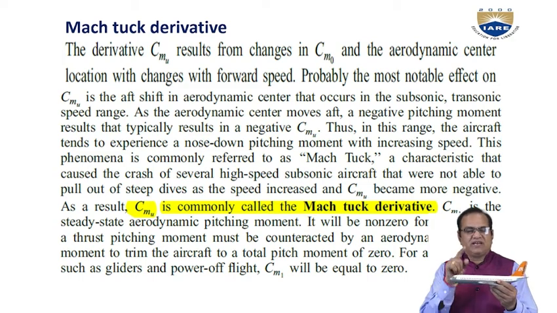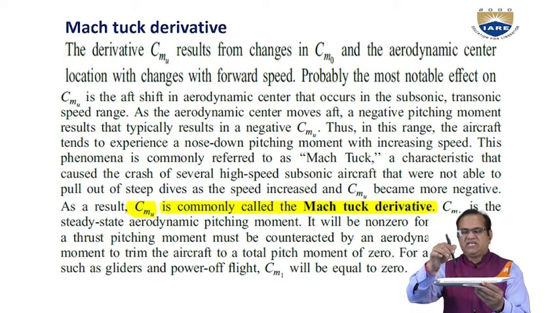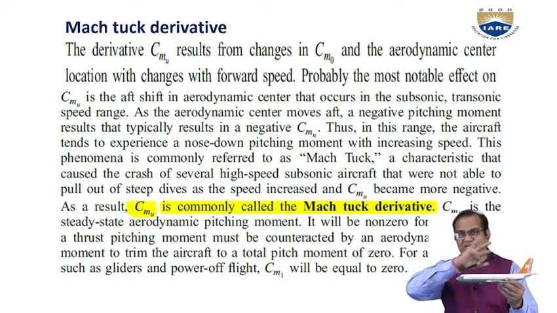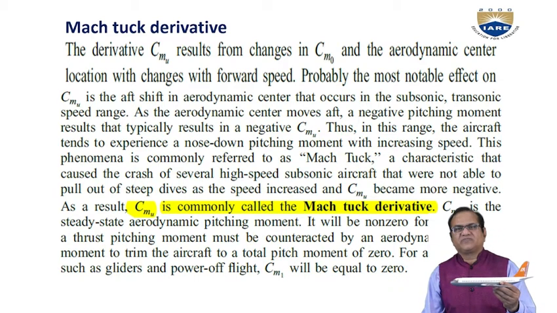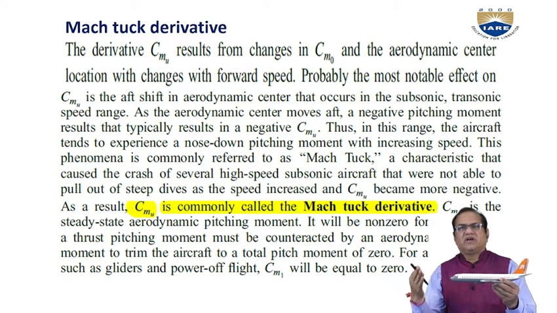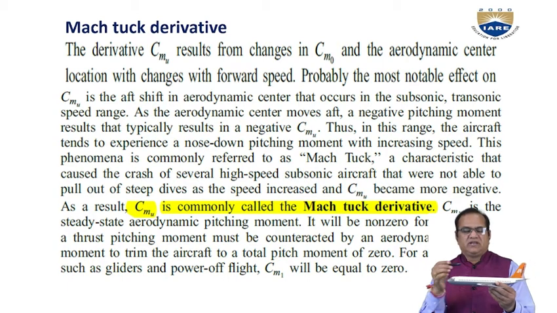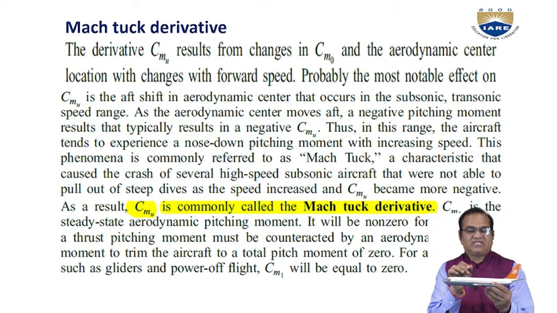The center of gravity is there, and initially the AC is here, but as the speed is increasing from subsonic to the critical Mach number, and if it is reaching near the sonic speed, the aerodynamic center starts going backward.